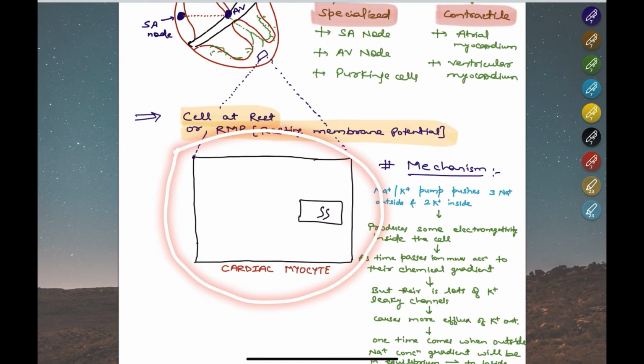This is one cardiac myocyte, in which we have a nucleus.